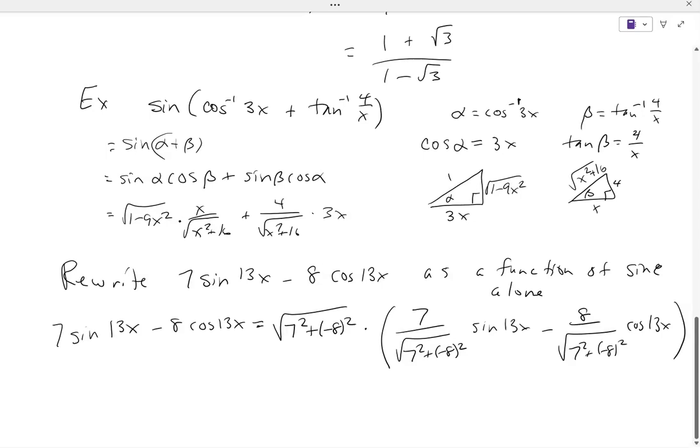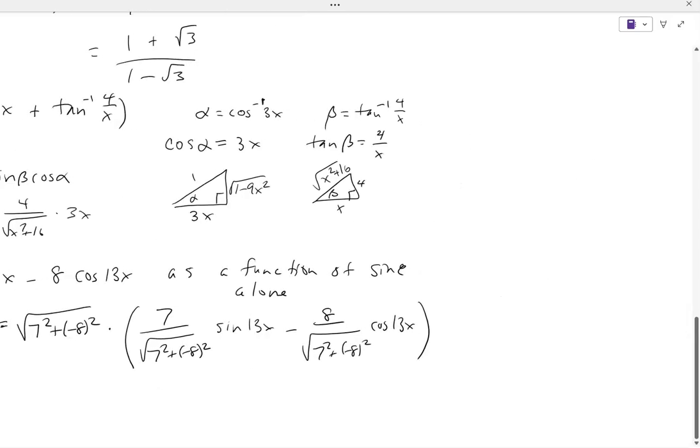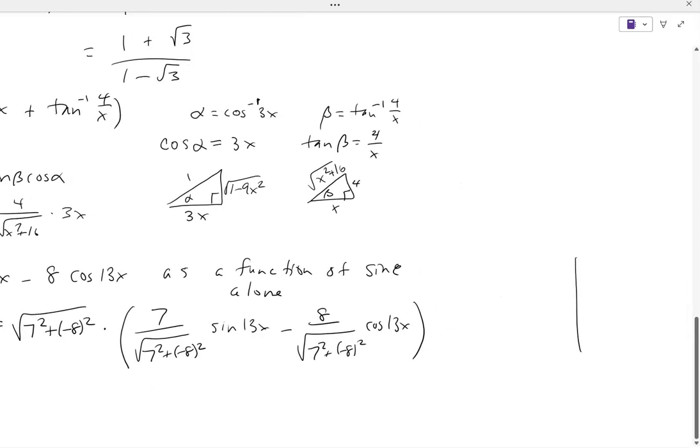Okay. So basically what we're trying to do, if you like to think about it geometrically, put this off to the side. We're trying to create a triangle where your adjacent side is 7 and your opposite side is -8, like so. That make sense?